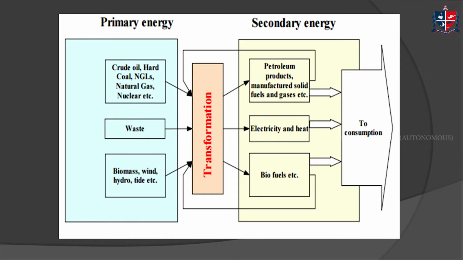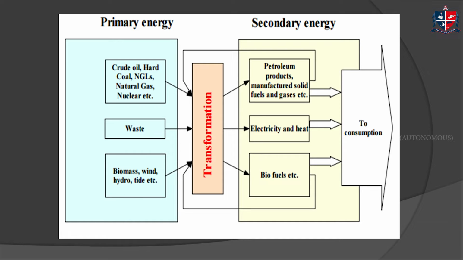So this is a clearer depiction of the difference between primary and secondary. We know that primary are the raw forms of energy. They include natural gas, waste, biomass, wind, etc. Tides, the tidal waves. These are all primary sources. When these primary sources undergo a type of transformation, we get what we call secondary energy.